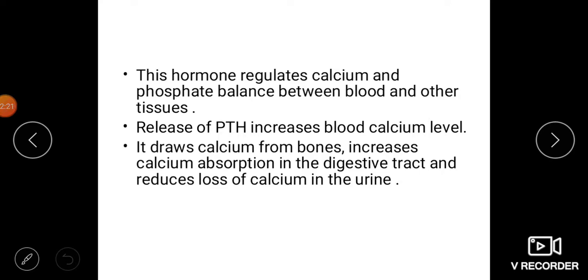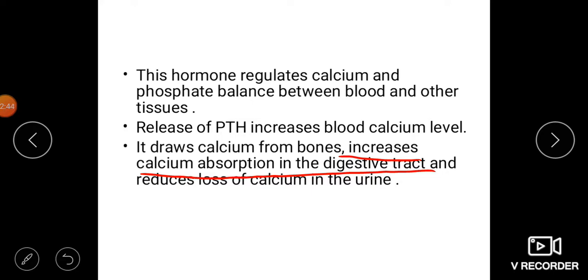How does it increase the level of calcium? PTH is essential for increasing the level of calcium in the blood. First, it increases the absorption of calcium in the digestive tract. When you consume food containing calcium minerals, after digestion, calcium will be in the digestive tract.